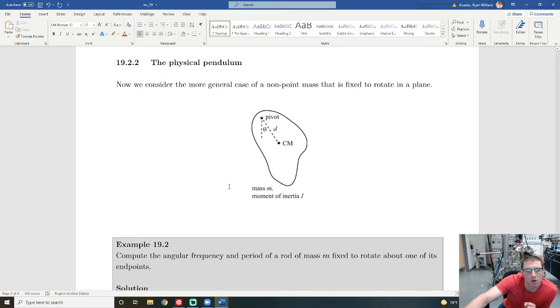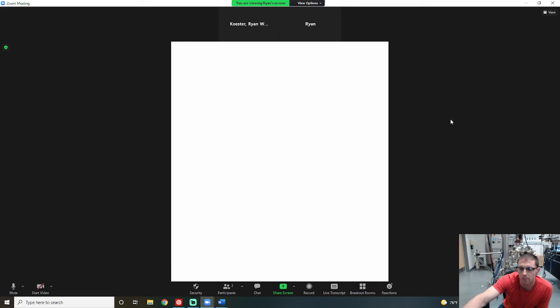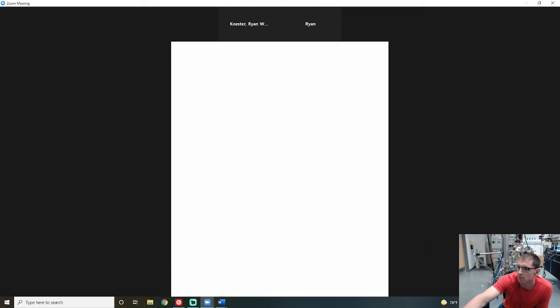And I should point out that the distance between the pivot and the center of mass for this thing, whatever it is, is D. And we're also assuming that we know where the center of mass is in this case. So I am going to use the tablet here and do my best to make a sketch of this.